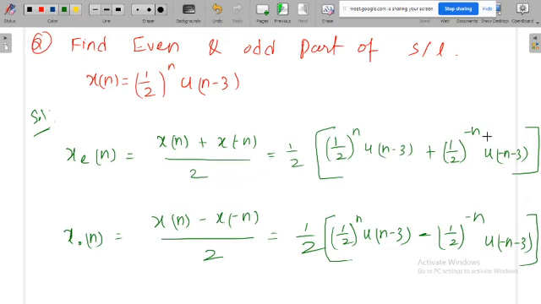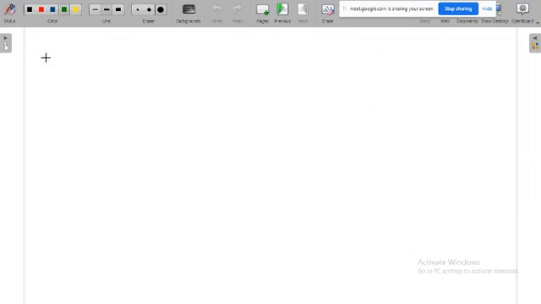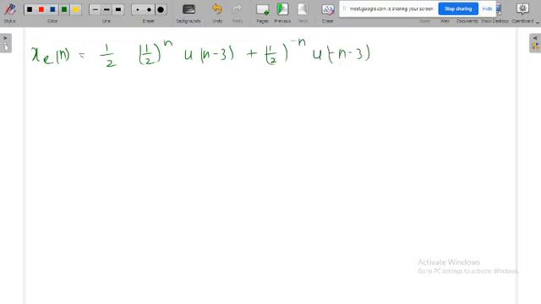So now we'll try to draw the graph for this one. If you want to draw the graph, you should know the sample values. When you substitute n is equal to 0, what is the overall value? When you substitute n is equal to 1, what is the overall value? So I am taking x_e[n], that value is (1/2)^n u[n-3] plus (1/2)^(-n) u[-n-3].